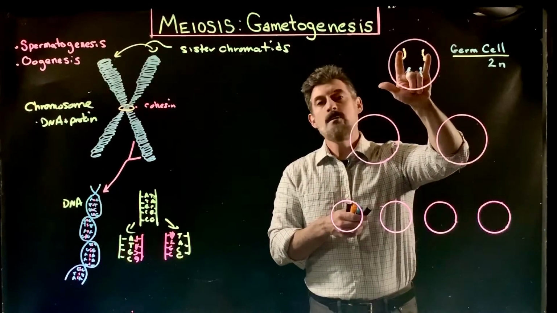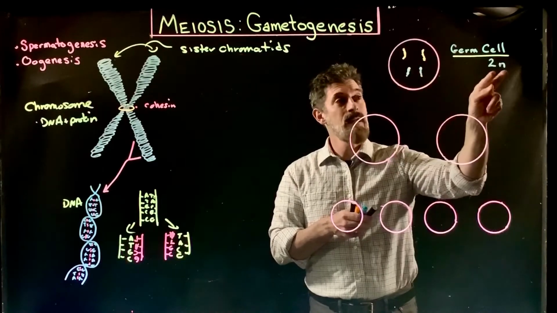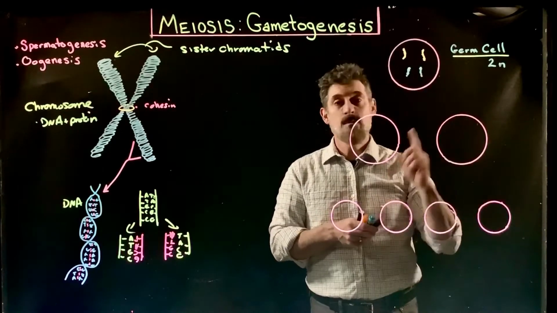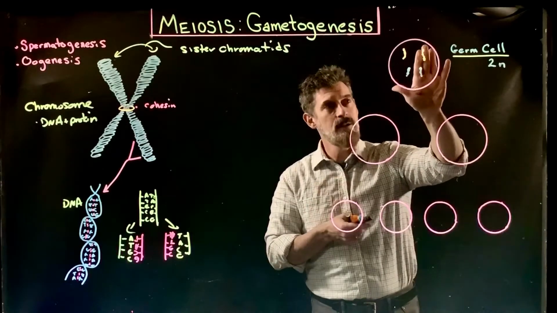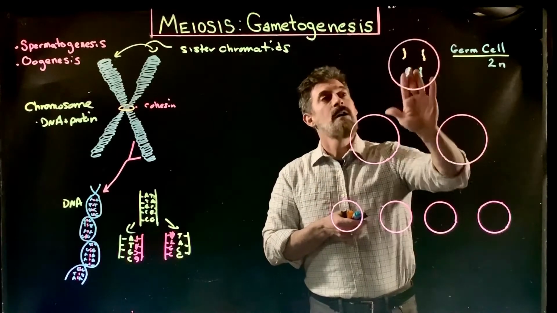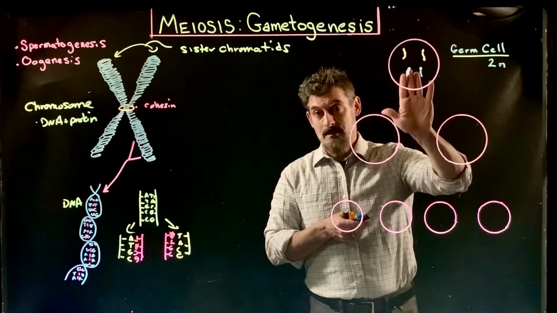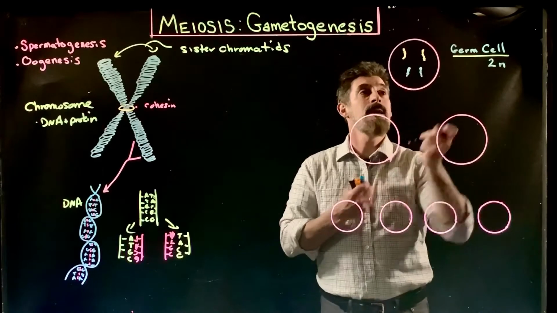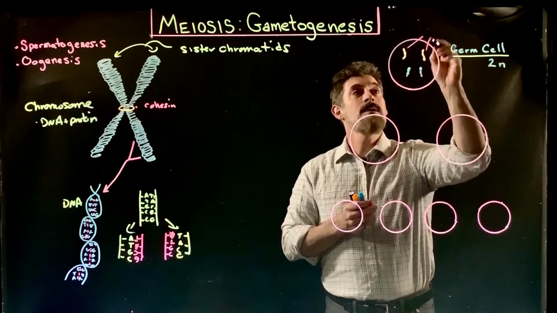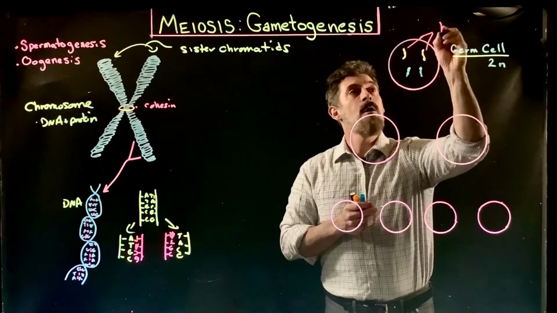Here, these are two versions of the same chromosome. That's what we mean by 2N. If it's 1N, then you would just have two different chromosomes and not two copies. So in this case, you have these chromosomes here, which are called homologous.